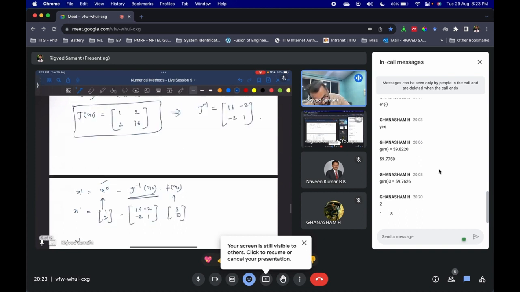And here you have to divide by its determinant. So det J is equal to 16 minus 4, that is 12.